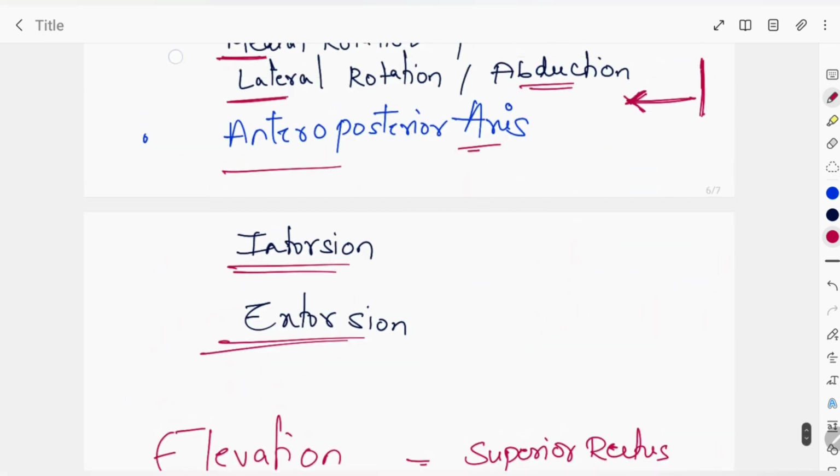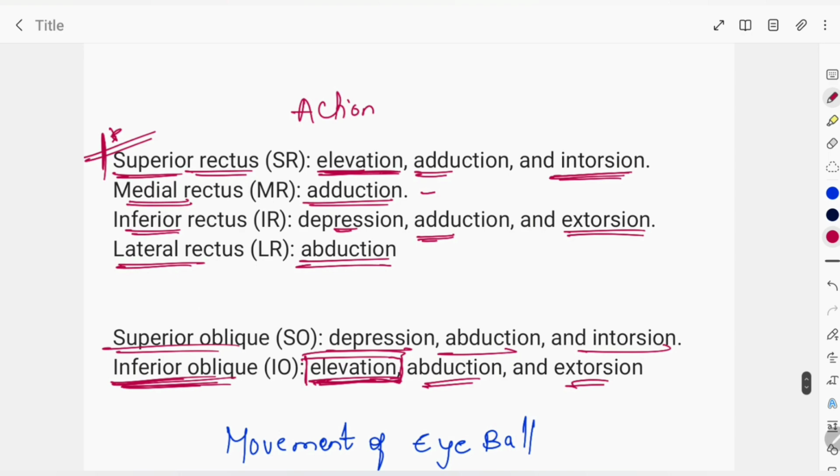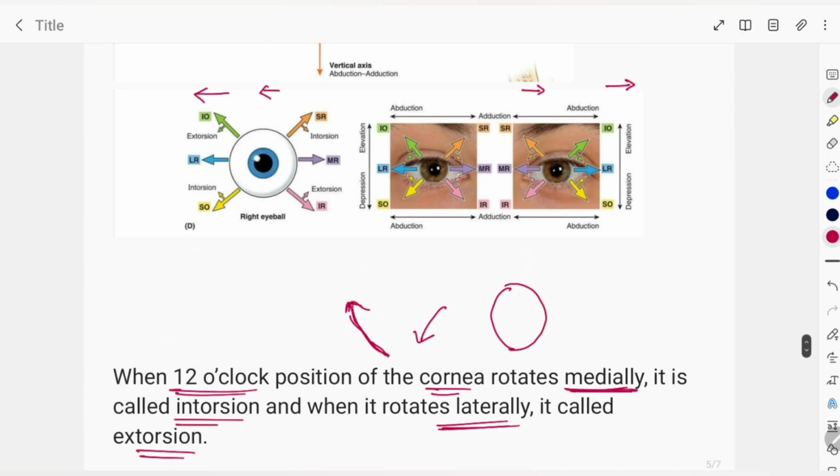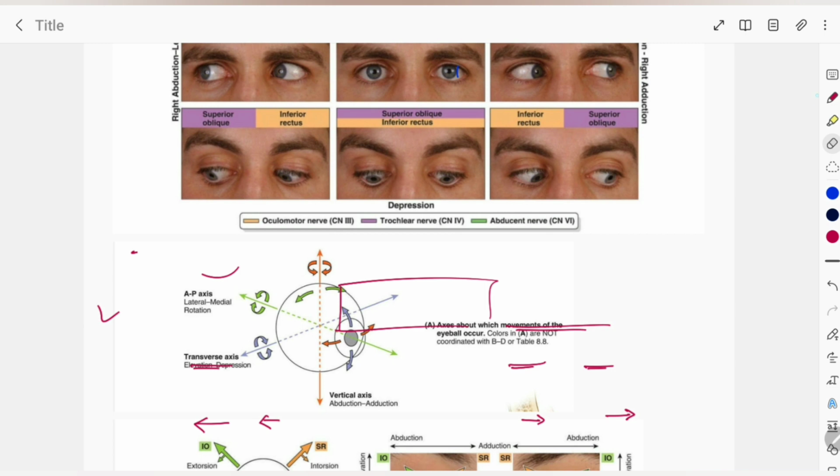Right, now next one is the depression. For depression, which muscles are required? That is inferior rectus. Depression is downward rotation, the person is seeing downward. So whenever we are talking about the downward rotation, inferior rectus is coming in picture.